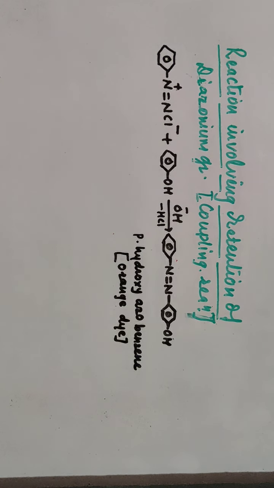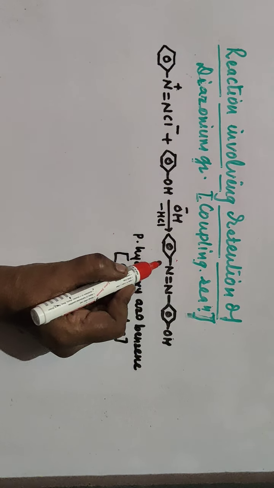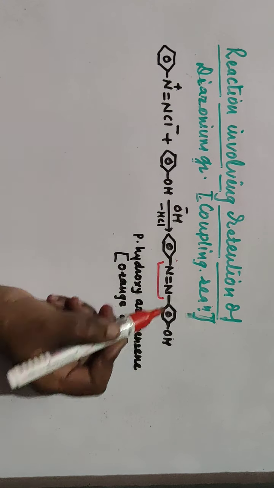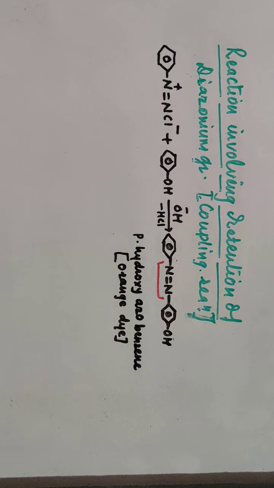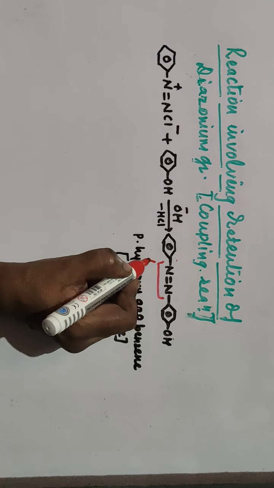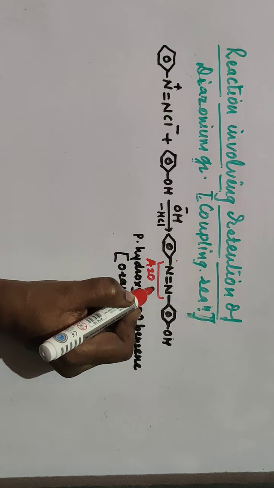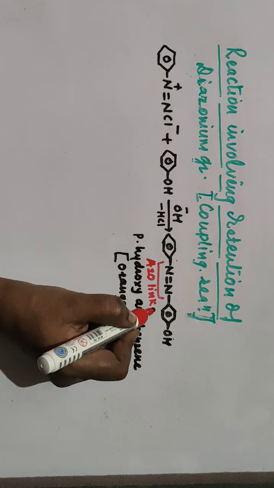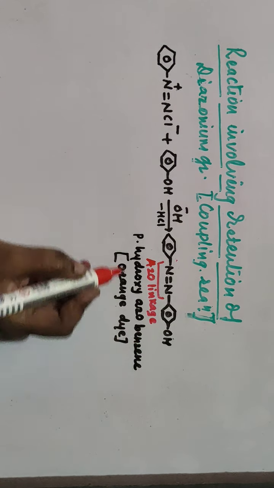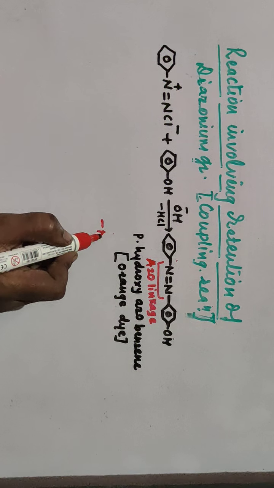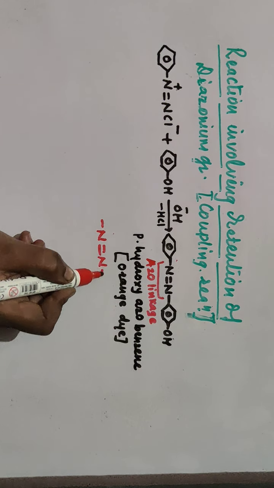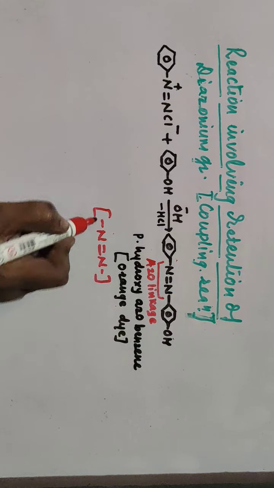In this compound the two benzene rings are joined together by N double bond N, and this linkage is called azo linkage. So N double bond N is your azo linkage.